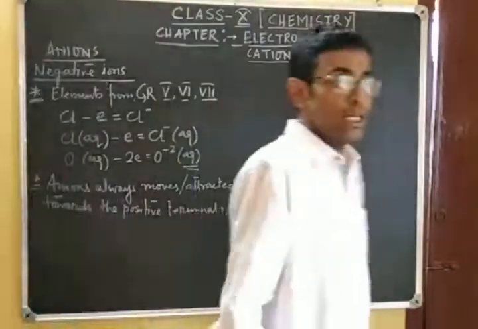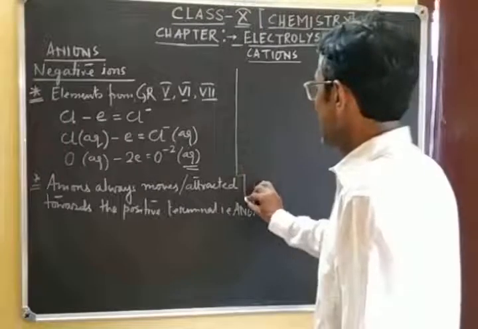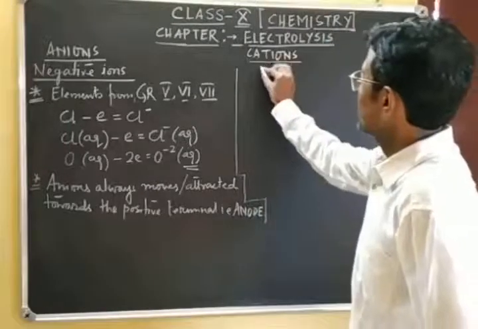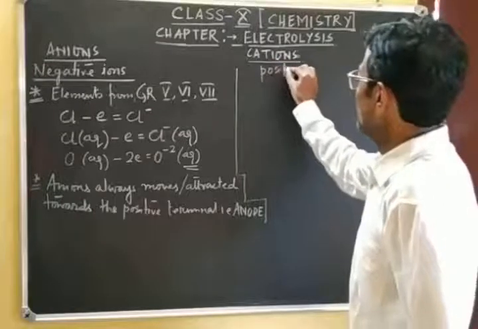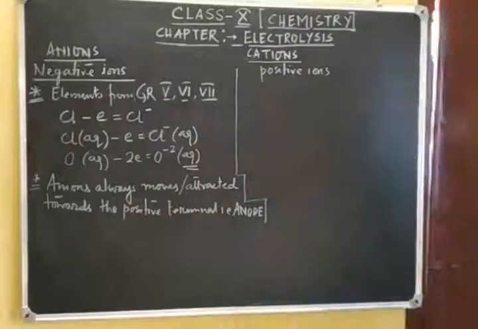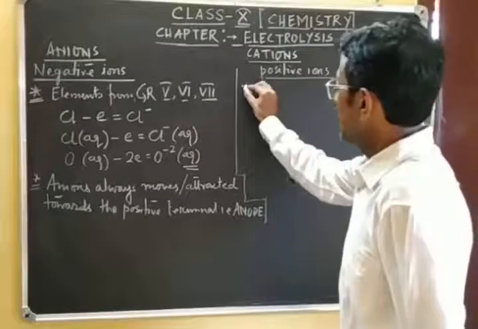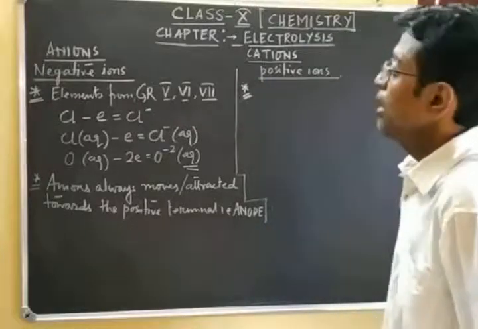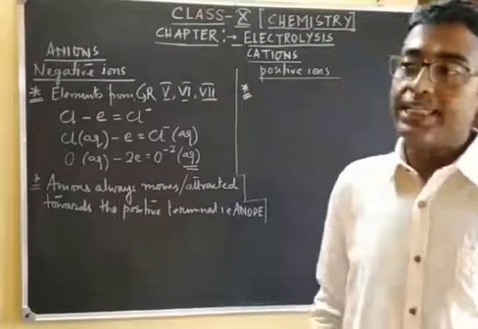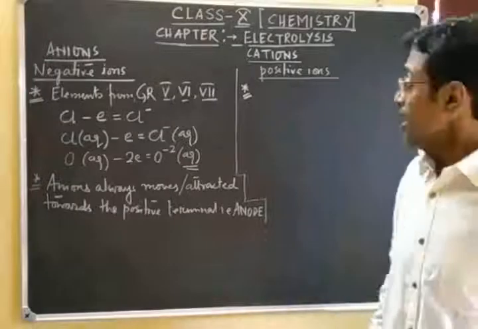Now coming to the cation, the positively charged ions are called cations. So we can tell it as positive ions. Positive ions are called cations. So which are the elements which tend to form cations? The elements from groups 1, 2 and 3 in the periodic table are the elements which form cations.